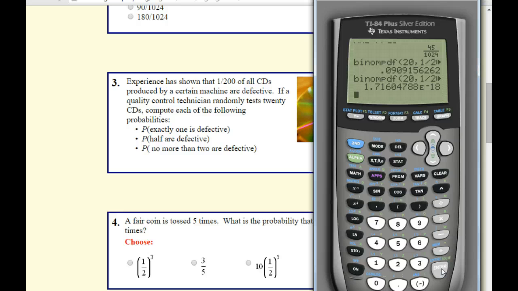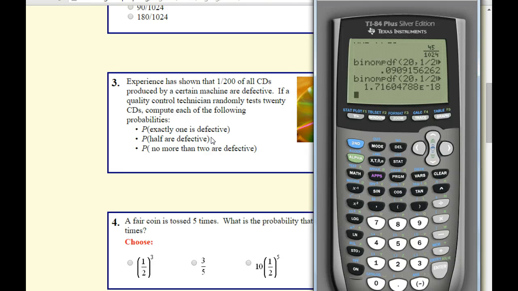Something times 10 to the negative 18th. We changed only the last thing from a 1 to a 10 because it's 10 out of 20. Did you get something times e to the negative 18th? Okay. No more than 2 are defective.